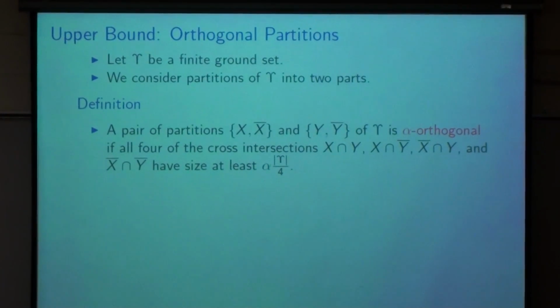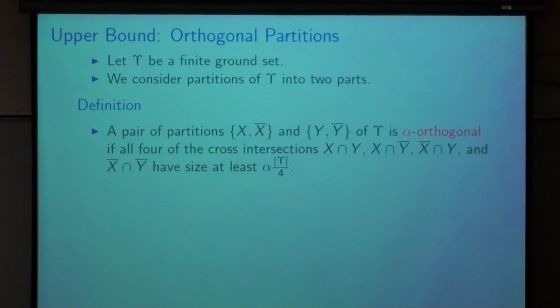X and the complement of x, and y and the complement of y, we say it's alpha orthogonal if you look at all four of the cross intersections: x intersect y, x intersect the complement of y, and so on and so forth. If they all have size at least alpha times the size of epsilon over 4. Why over 4?